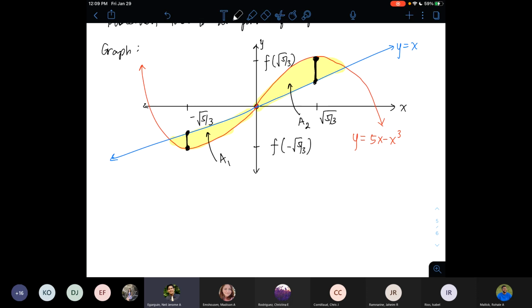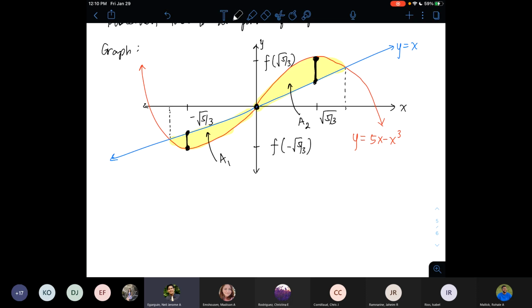And then another thing is that we need the bounds for x. When does the region start and when does it end? So it will start here, right? And it will end over here. But again, we need to split the integral somewhere here in the middle, right?